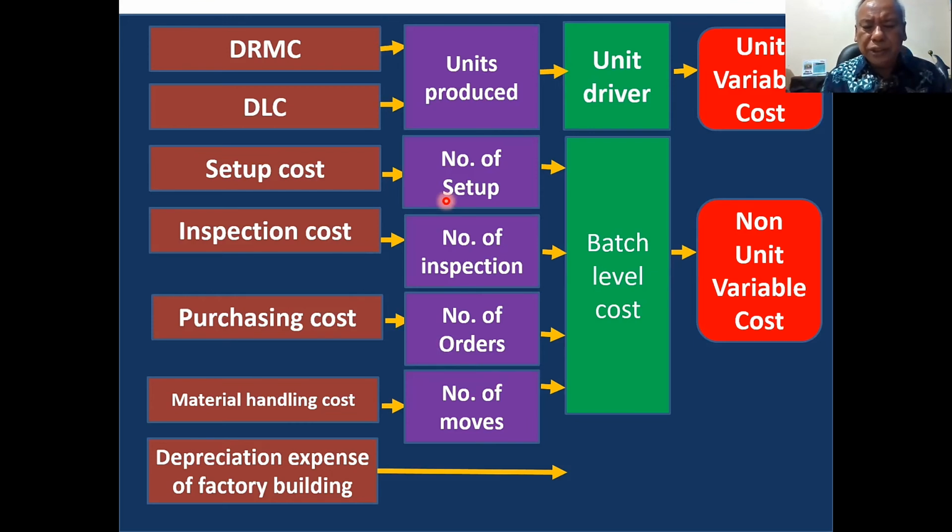They change in terms of batches. For example, for one batch of orders, the maximum is 1,000 components. If we need 10,000 components, we need 10 orders.